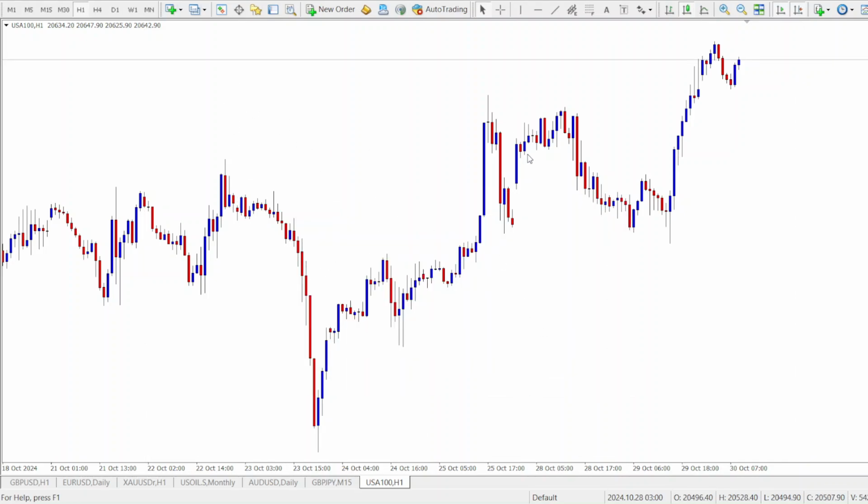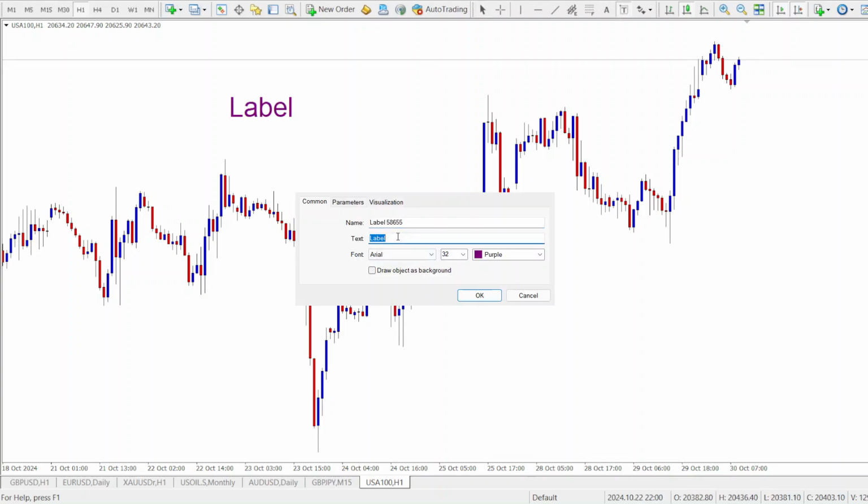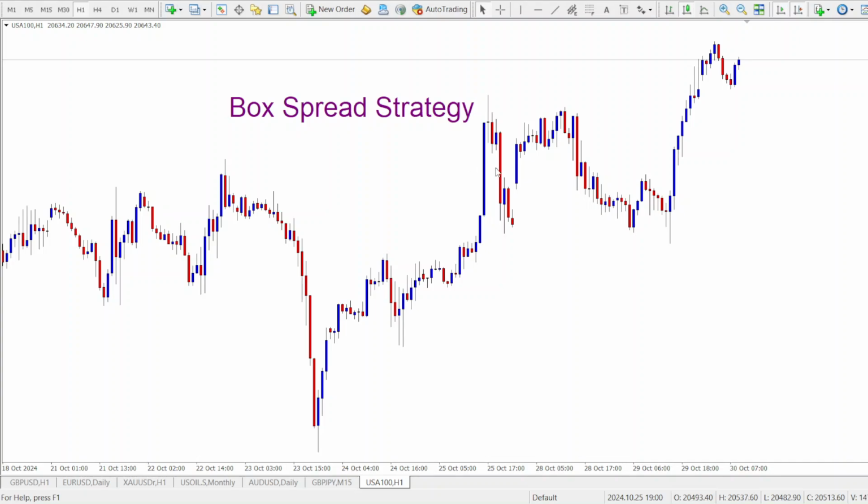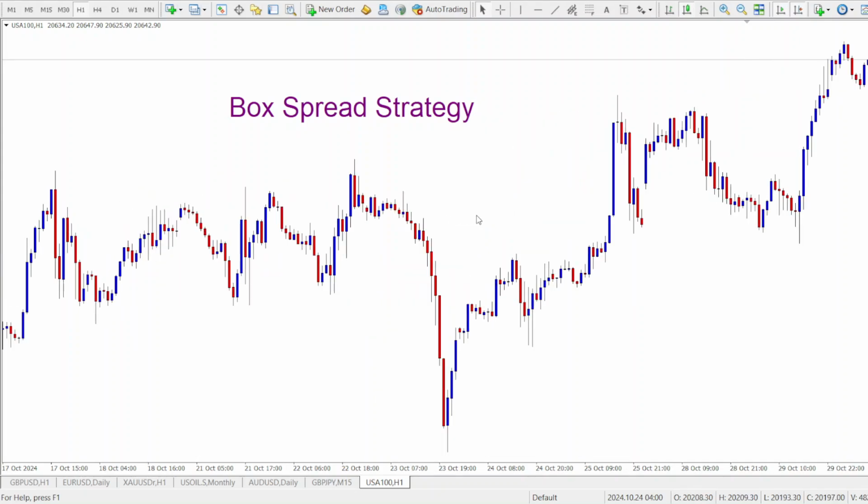So after selecting the asset that you want to trade, in this example, I'm using the USA 100 index, the next thing for you to do is to find two strike prices, one for the long position and one for the short position.